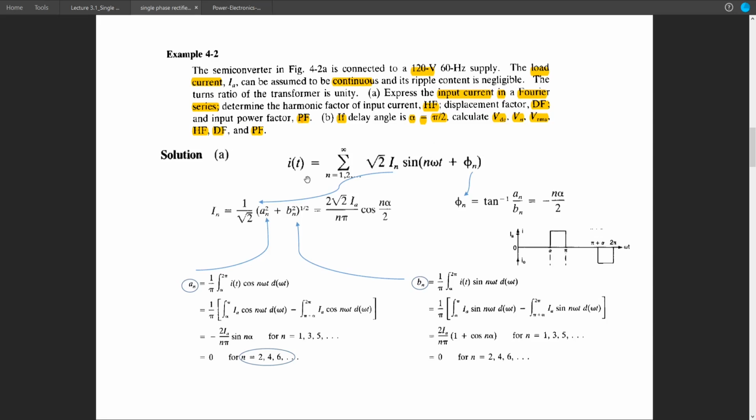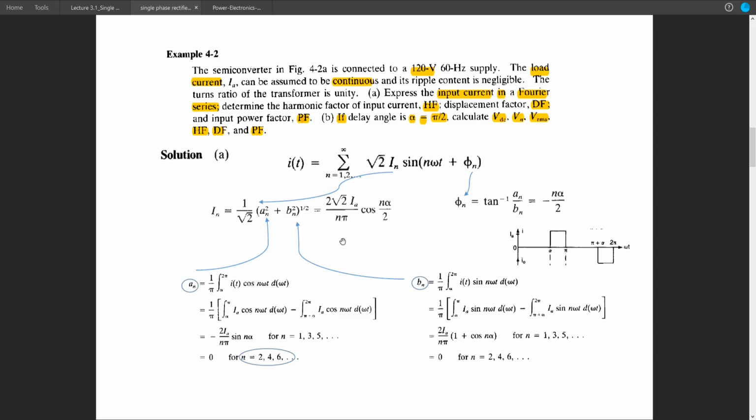To start with, this is the final expression of the Fourier series of this waveform, but we have to find these values In and phi n. So In can be derived from this formula, and if we put An and Bn into this equation, we will finally have the formula for In.